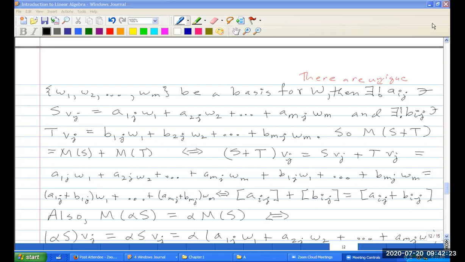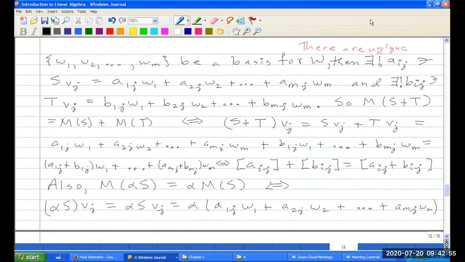The entries are unique numbers. Given a particular transformation and given bases for your two vector spaces, you have a unique representation of the entries of your matrix.